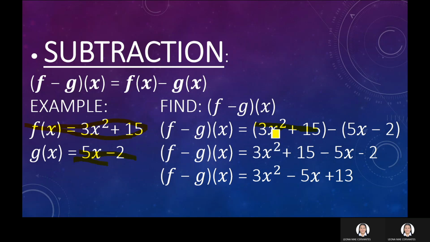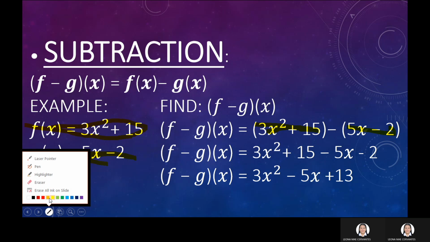Okay, so 3x squared plus 15 minus 5x, then plus 2. Sorry. So this is plus 2.